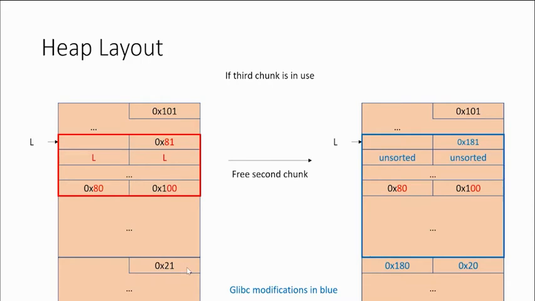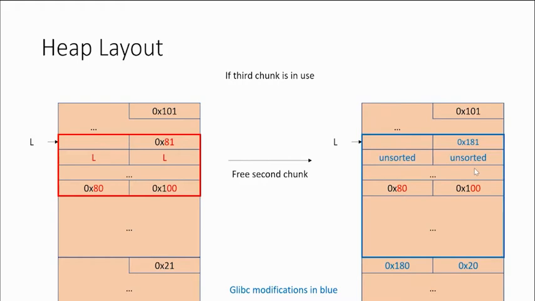What happens in this case is that whenever we free the second chunk, it will be consolidated with this hex 81. So now we'll have essentially this huge chunk that's hex 181, right? And it actually overlaps with our first chunk that we used to create the fake chunk. So now we have two overlapping chunks in this case.